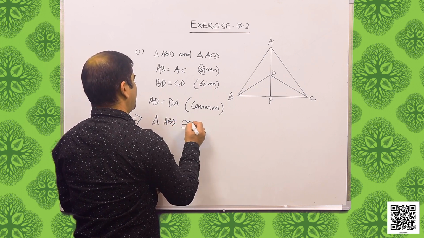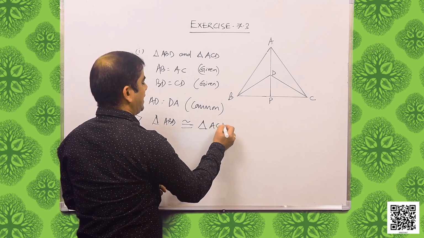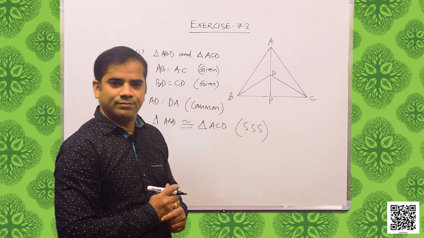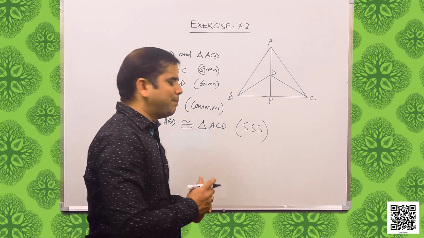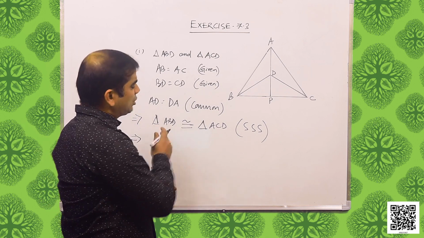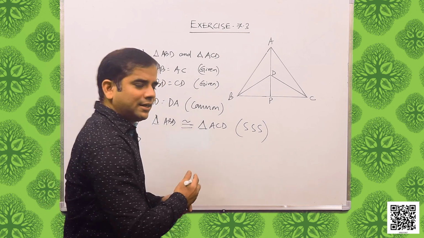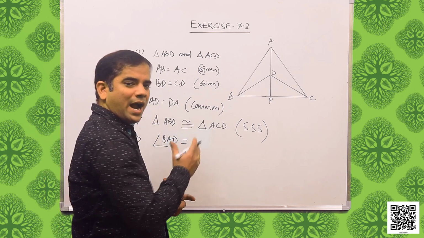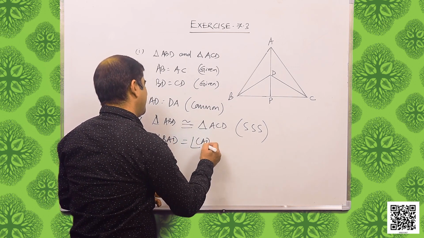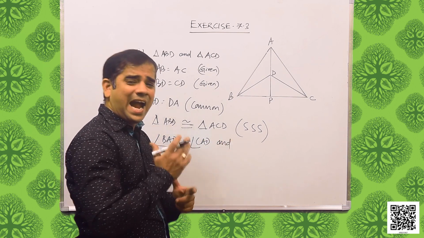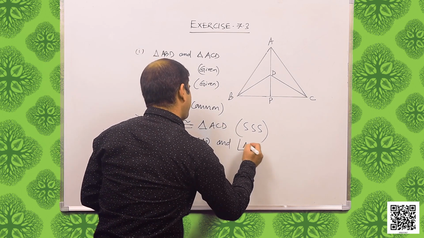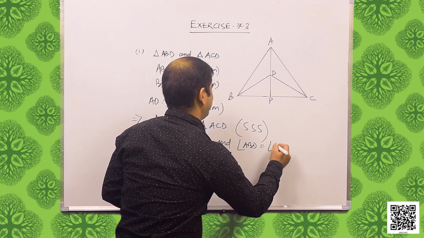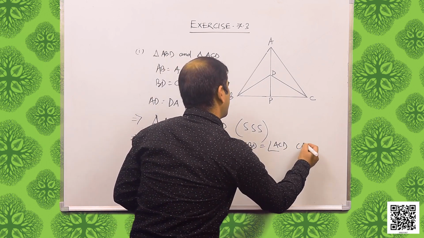Because these two triangles are now congruent, angle BAD is equal to angle CAD and angle ABD is equal to angle ACD. Why? Those are corresponding parts.